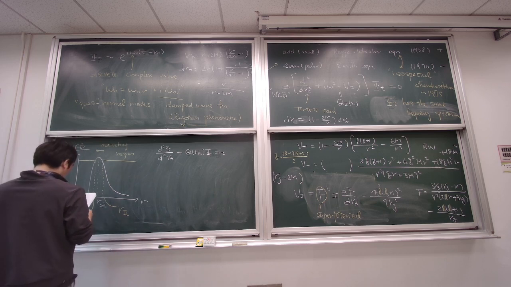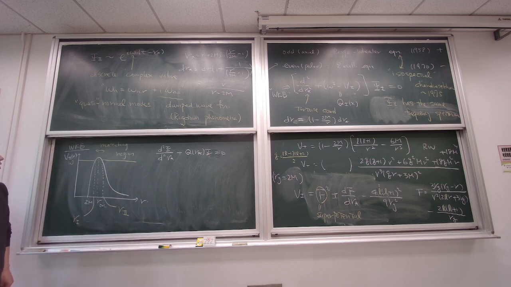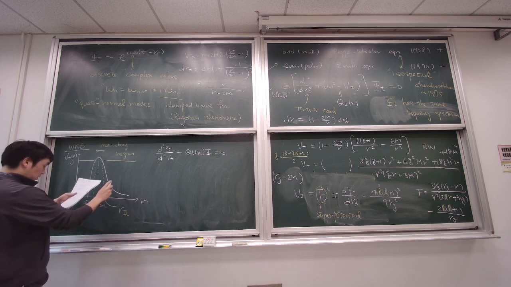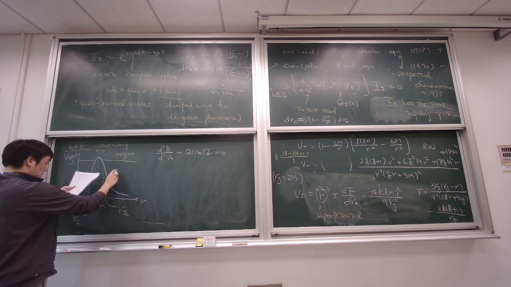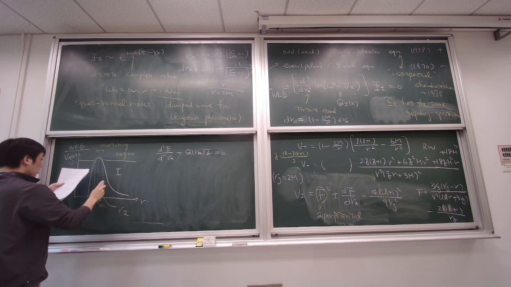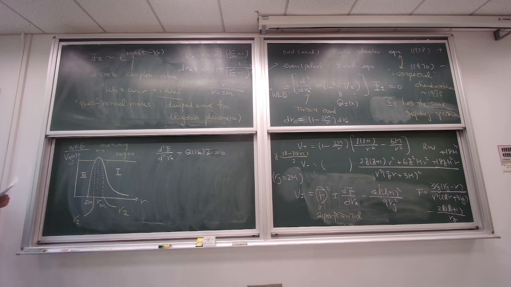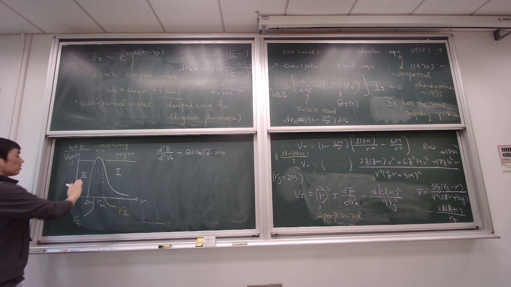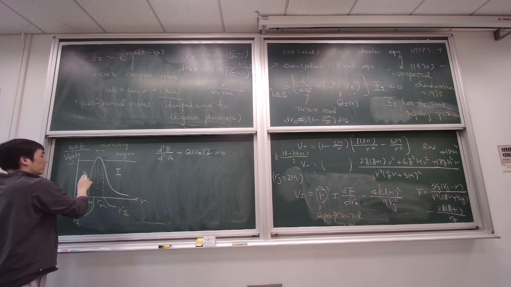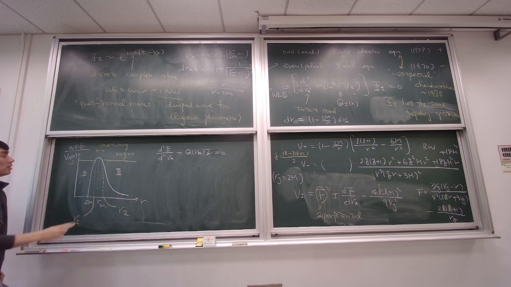So what really happens: the WKB equation tells us that this region is 1 or so, and this region, as far as I remember, is 3. No, sorry, the other one. Okay, 1 and 3, and the matching region is 2.